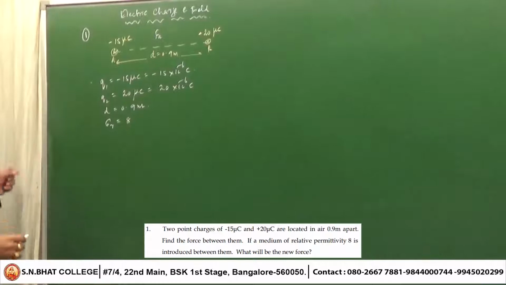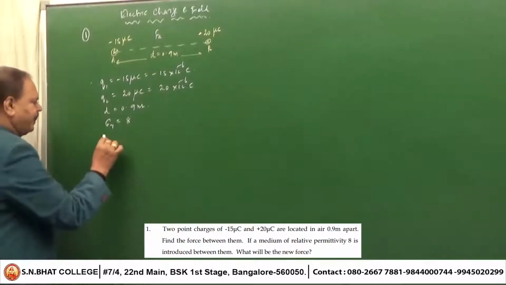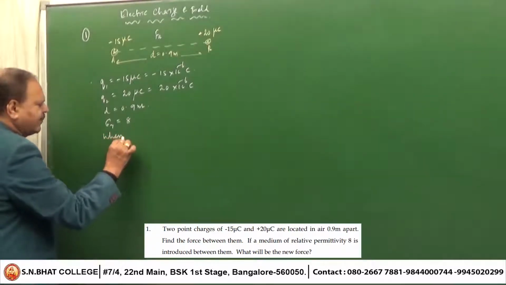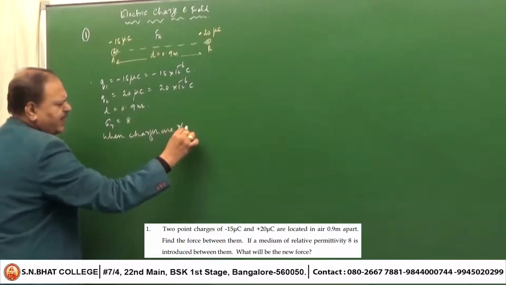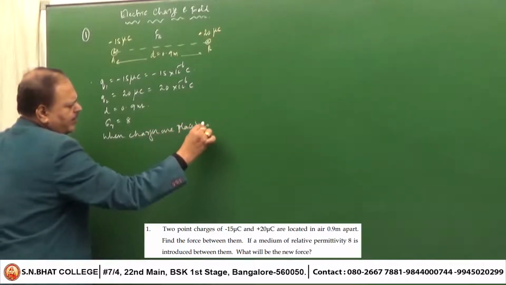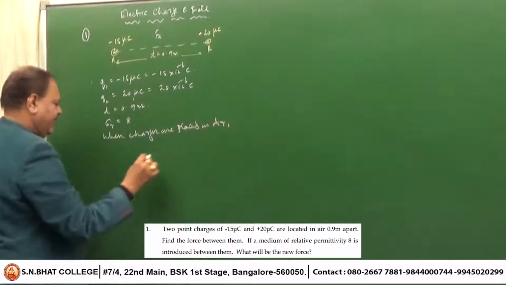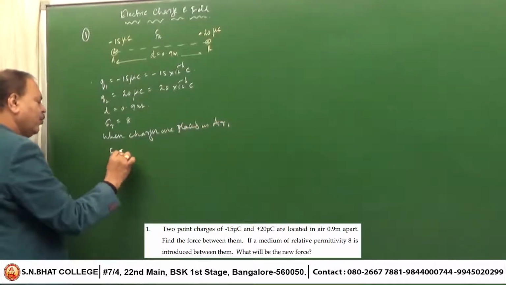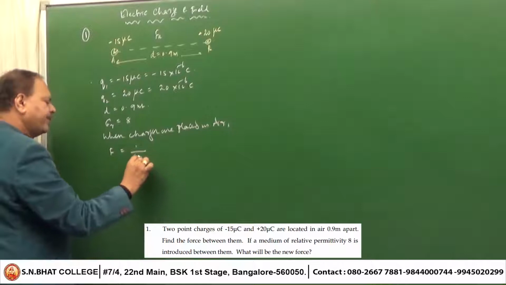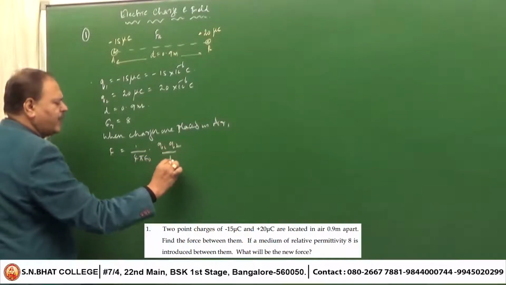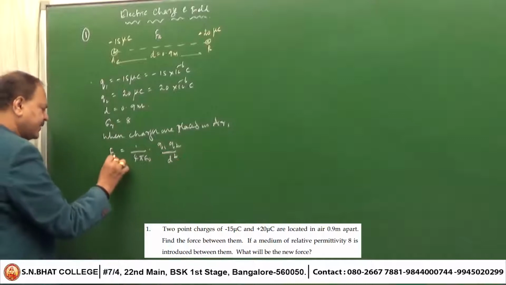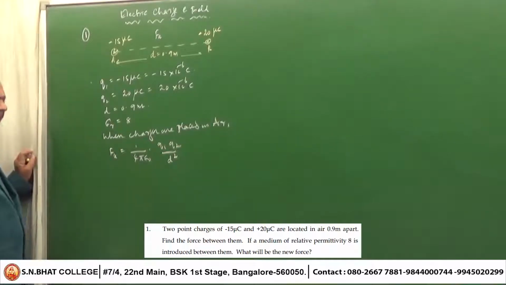You know that when the charges are placed in air, the force is given by F is equal to 1 by 4 pi epsilon naught Q1 Q2 by d square. Since it is placed in air, you would call it FA.